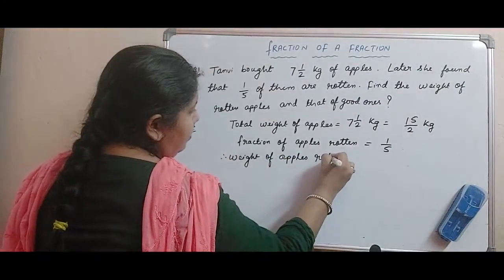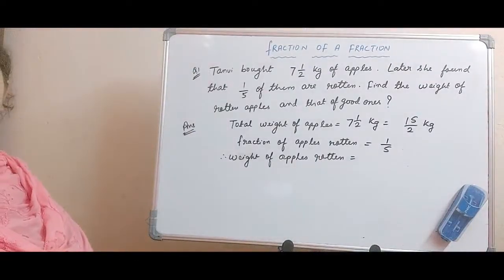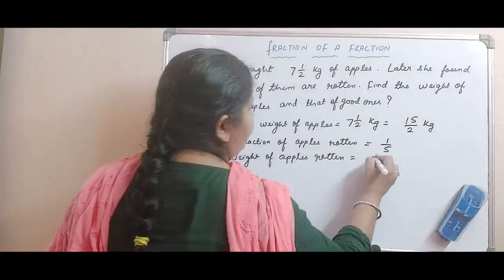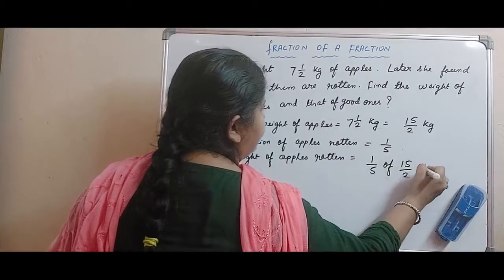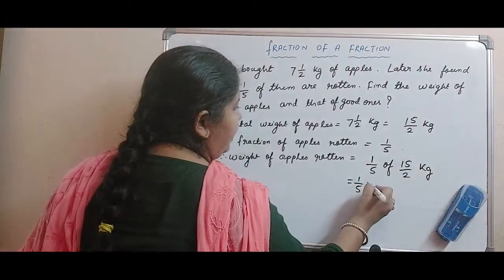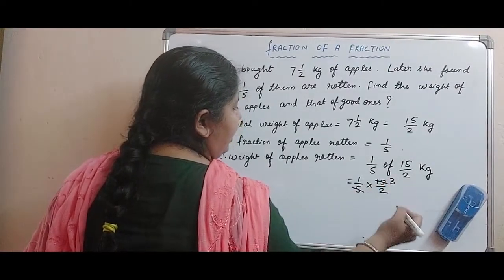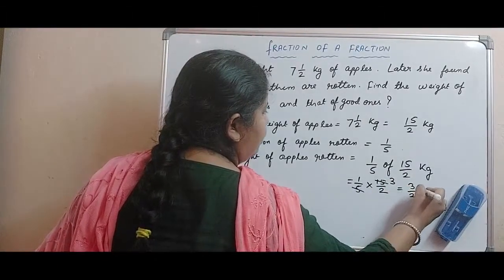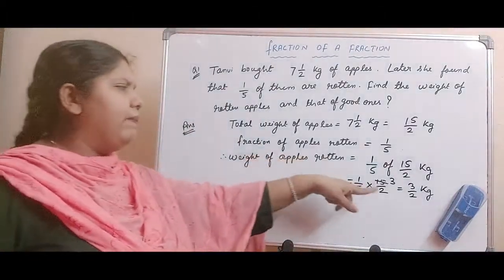Weight of apples that is rotten is equal to what? 1 by 5 of 15 by 2 kg. That is equal to 1 by 5 into 15 by 2. 5 3s are 15. So that is equal to 3 by 2 kg. So this weight of apples are rotten.